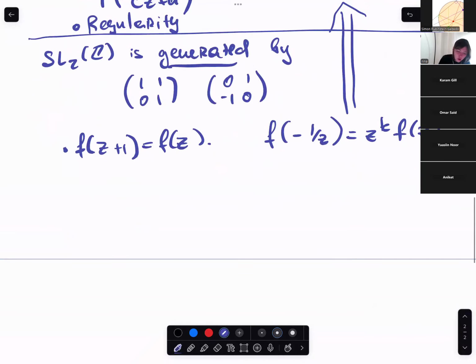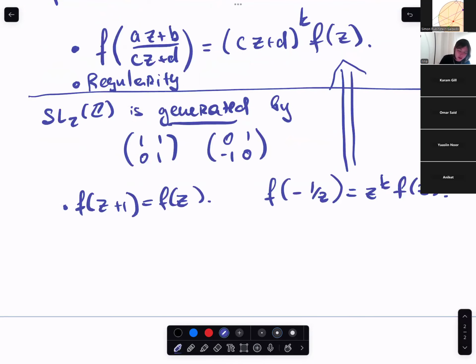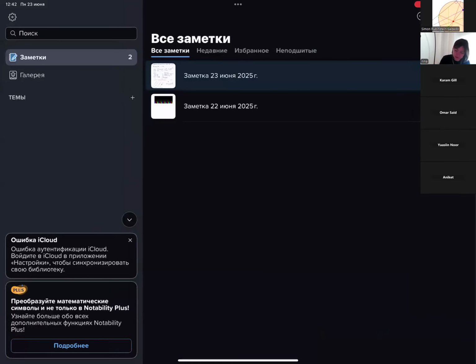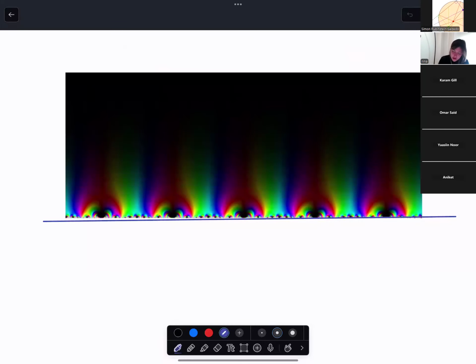So now let me show you a picture of one such function. Okay, so what are we seeing here? This is the upper half plane. This is the x-axis, and this is the y-axis. Each point in here is represented by two parameters.